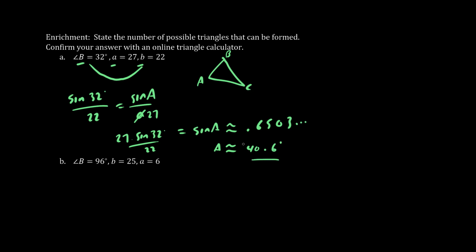So when the angle A is around 40 degrees and angle B is 32, you can imagine that we can find angle C because three angles add up to 180. Now be careful.